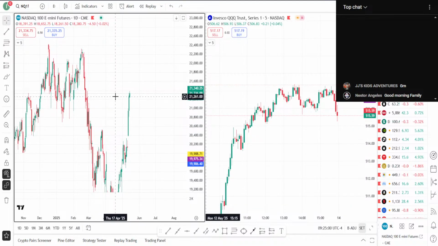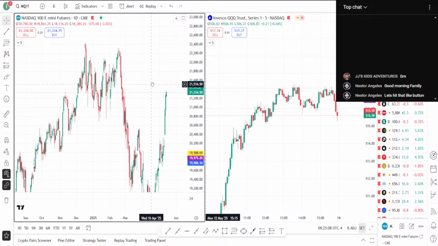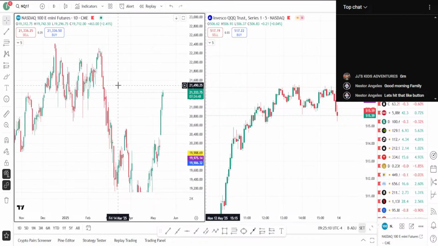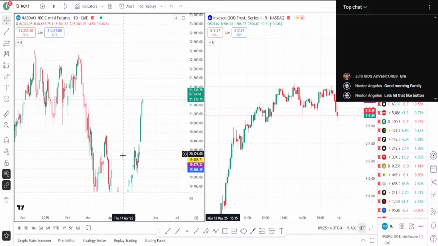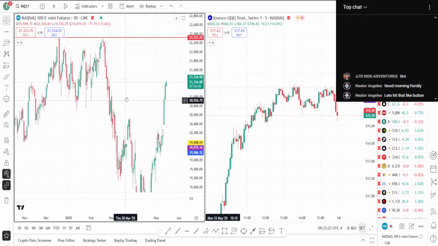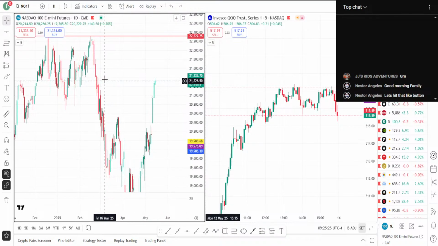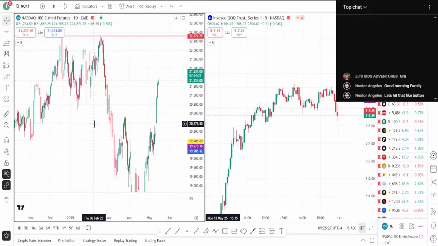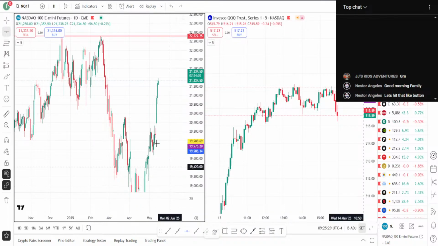Got the daily time frame. So, all right, let's go ahead and mark this resistance up here. I'm gonna find another key level here.